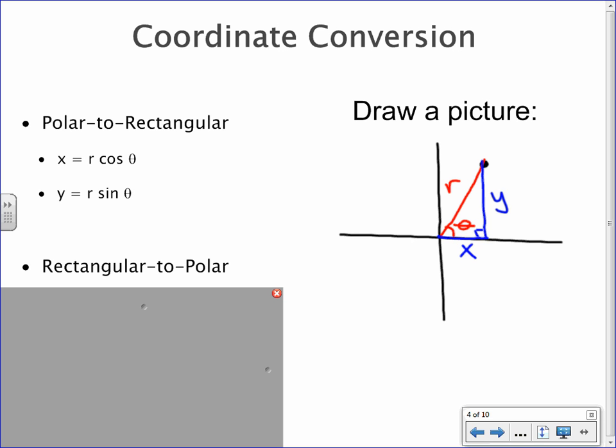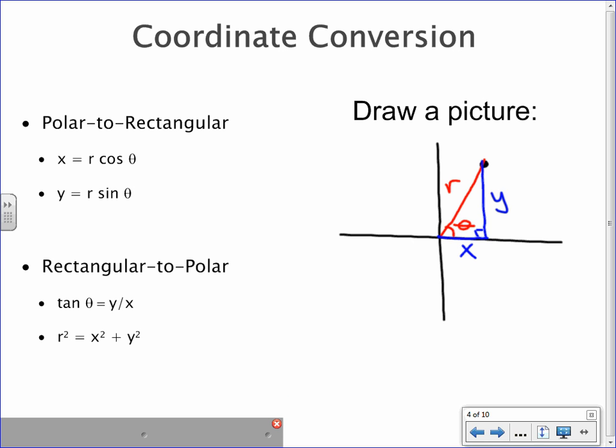Rectangular to polar. So now we have x, y. I want r and theta. How could we possibly find theta? Let's talk about the hard one first. The tangent of theta is y over x. And then r, I have x and y.